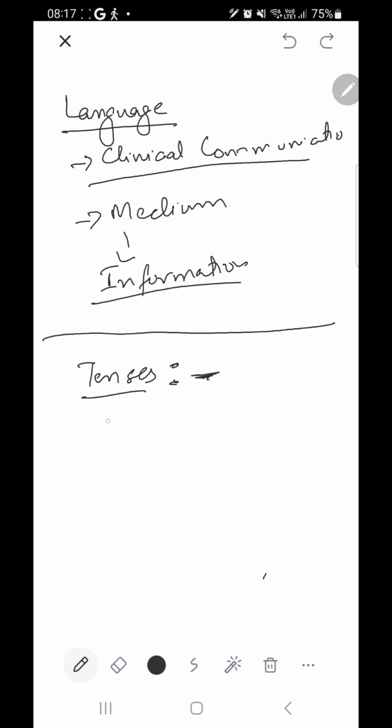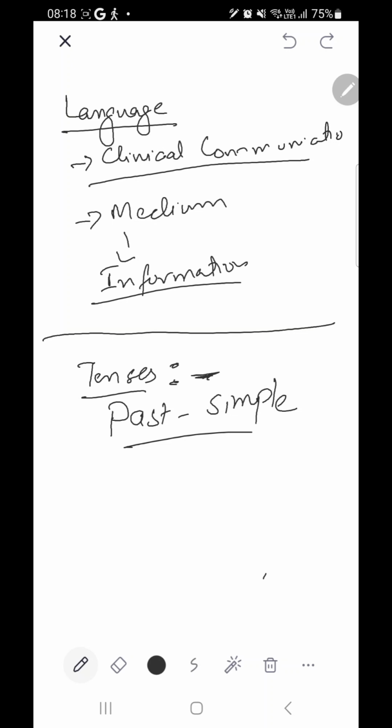mostly or commonly used tense will be like the past simple, past indefinite. That is one of the most commonly used tenses in OET writing. So if you can see there, we can write this whole letter in the past simple tense.